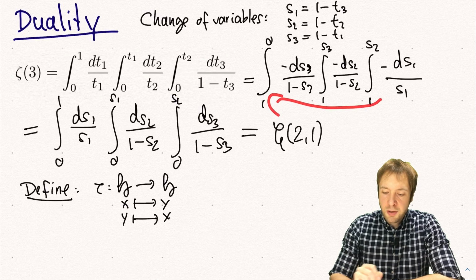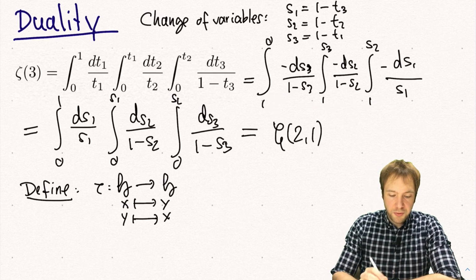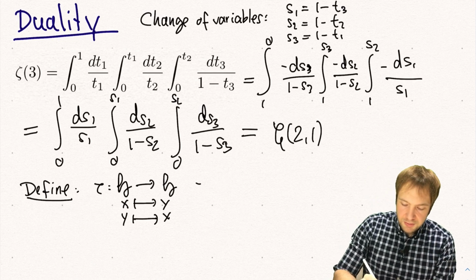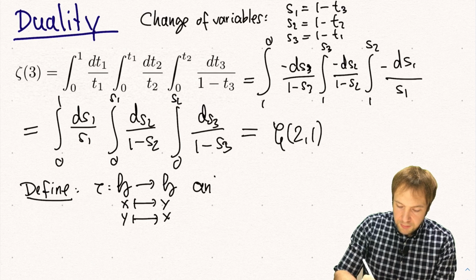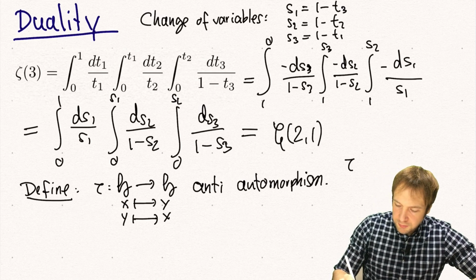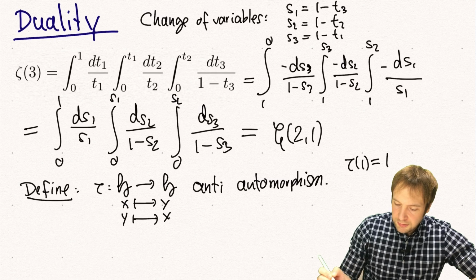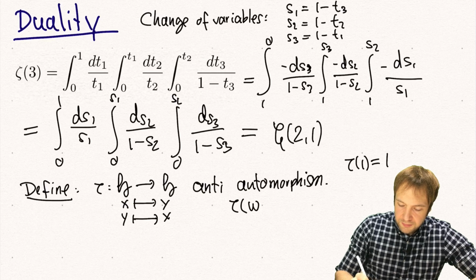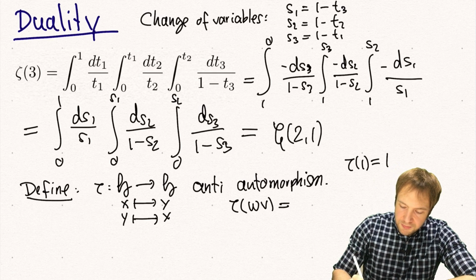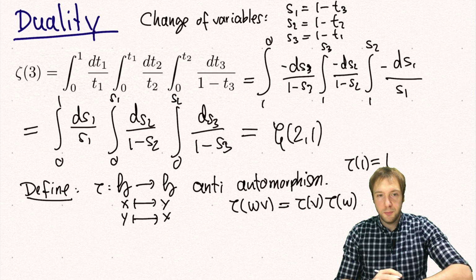And changing the order of these integrals corresponds to the fact that this tau shouldn't be just a linear map, it should be an anti-automorphism. So this means, in particular, it's an automorphism, so it should send 1 to 1, but anti-automorphism means that if I take the product of two words, meaning just a concatenation, then this should be tau of the second word times tau of the first word.